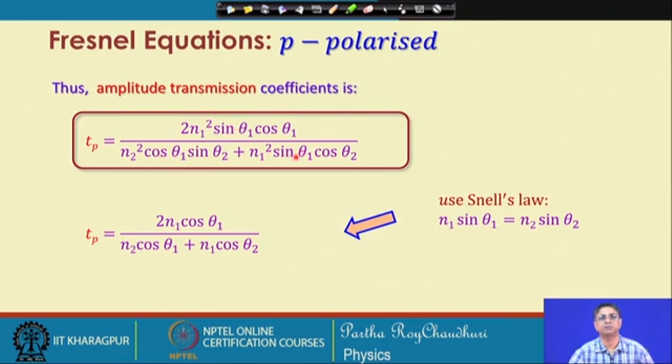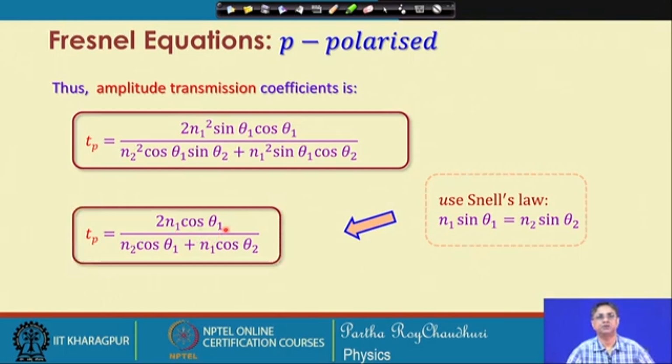So from both the places we can take out n1 sin theta 1; here n2 sin theta 2 appears, and n1 sin theta 1 can be taken out from the numerator. As a result, you will get Tp, this amplitude transmission coefficient, in this reduced form, that is twice n1 cosine theta 1. This expression is also very often used in Fresnel reflection and transmission amplitude coefficient calculation.